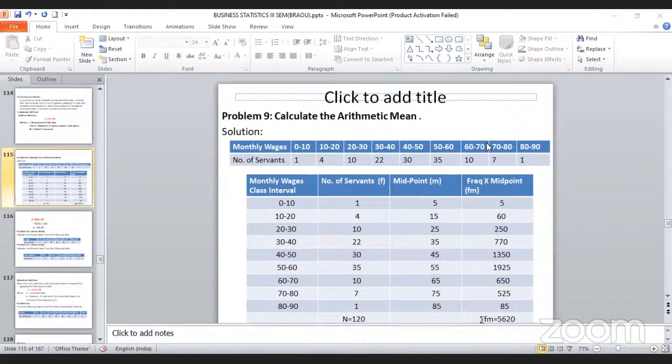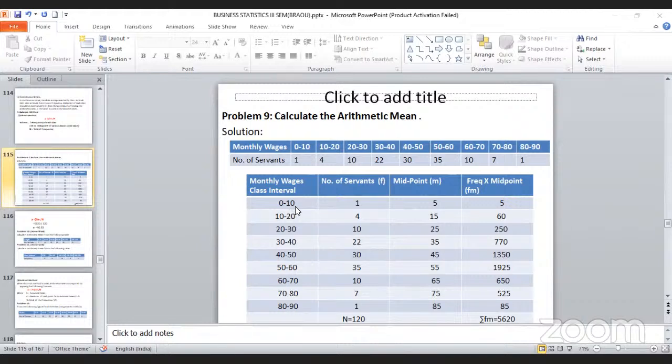Okay, ma'am. How to calculate the midpoint, ma'am? How to calculate? Here this is the lower limit and this is the upper limit.